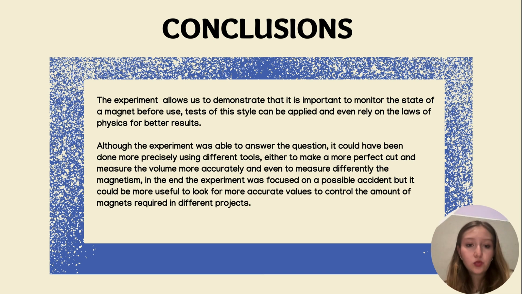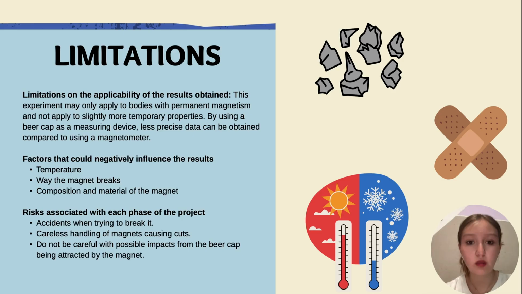In other cases we could use something different to measure the magnetism, so we could get more specific. The limitation of this experiment is that it may only apply to bodies with permanent magnetism.